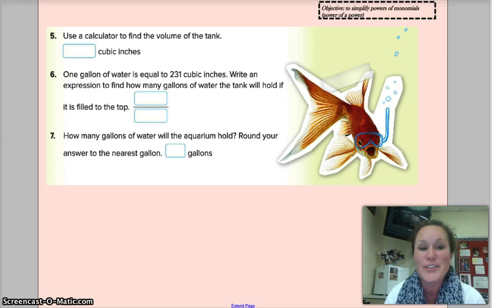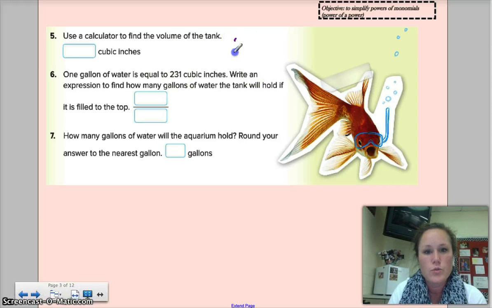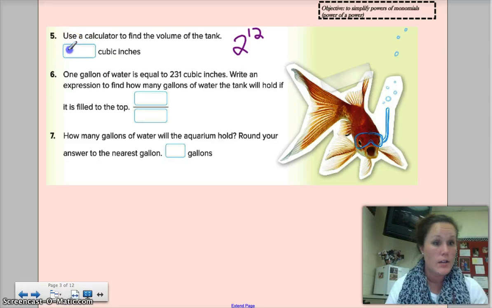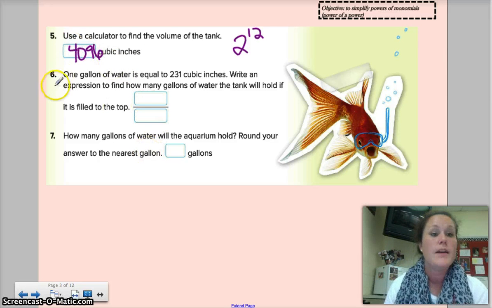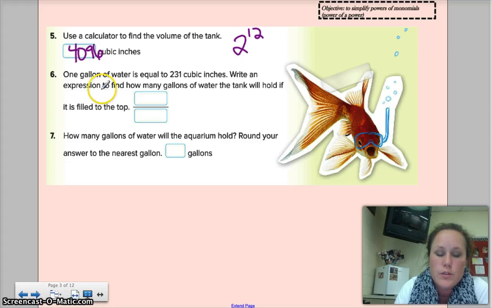Okay, use a calculator to find the volume of the tank. We knew that it was 2 to the 12th. So if I use my calculator and do 2 caret 12, I'm going to get 4,096 cubic inches. It says 1 gallon of water is equal to 231 cubic inches. Write an expression to find out how many gallons of water the tank will hold if it's filled to the top.